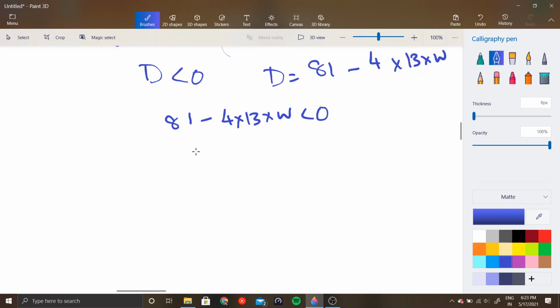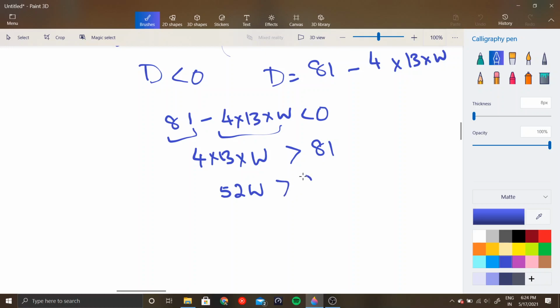Okay, so basically 4 into 13 into w should be greater than 81. If 81 minus this is resulting in a number less than 0, then this number should be greater, right? Okay, so this is 52w, which is greater than 81. So w is actually greater than 81 by 52, right?